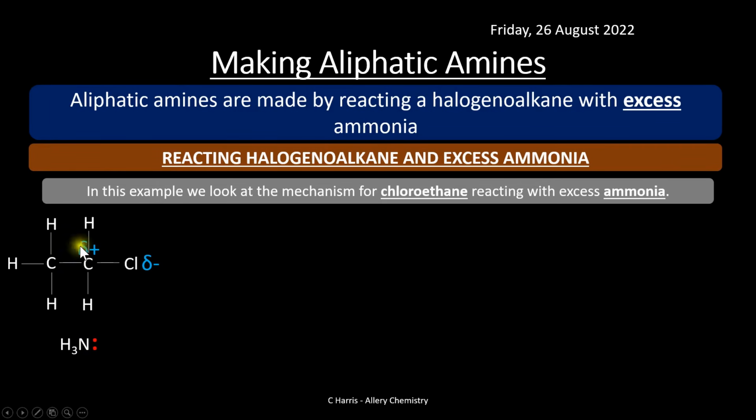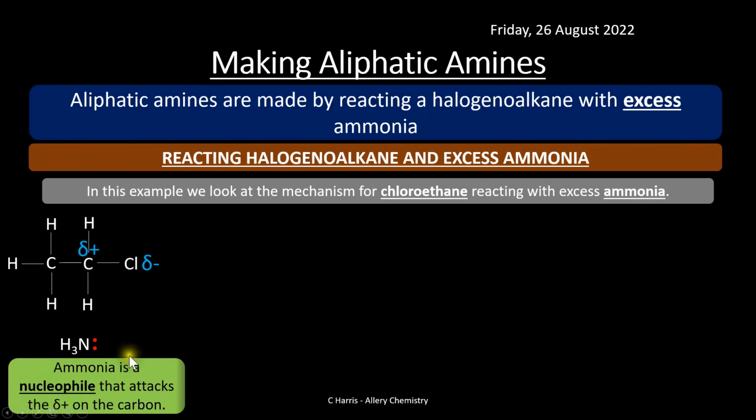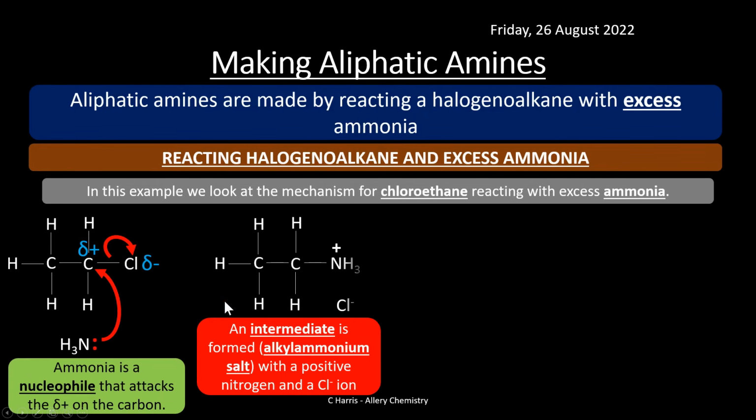This is going to attack the delta positive carbon, and then kick off the chlorine. So we form an intermediate, an alkyl ammonium salt. It has a positive charge on the nitrogen, and we're left with this Cl- that's unceremoniously been booted out of the original molecule, and now it's floating around.